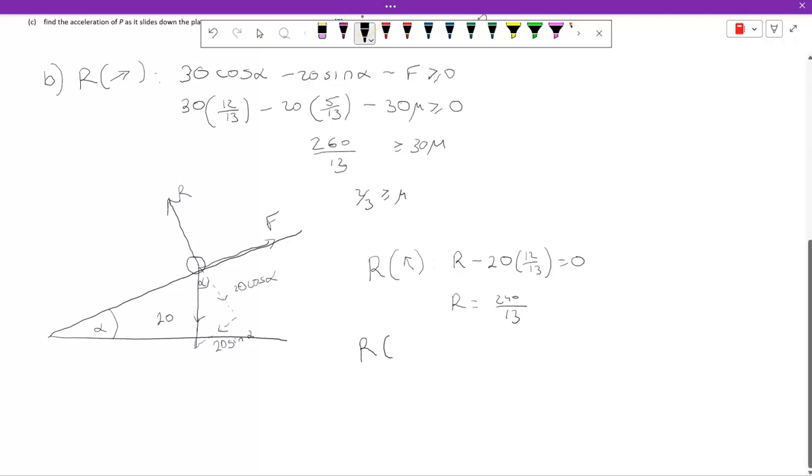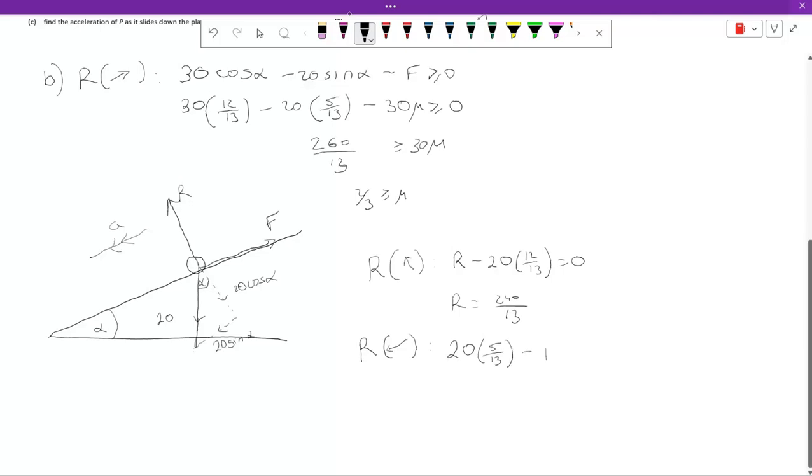Then we've got the resultant force parallel to the slope. It doesn't matter, but you'll just have more negatives if you take upwards as positive, so I'm going to take downwards as positive, because we know it's accelerating down the slope. If I take downwards as positive, I've got the 20 sine alpha, which is 20 times 5 over 13, coming down the slope.